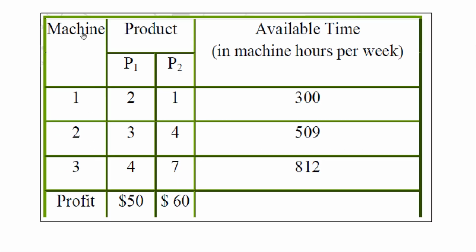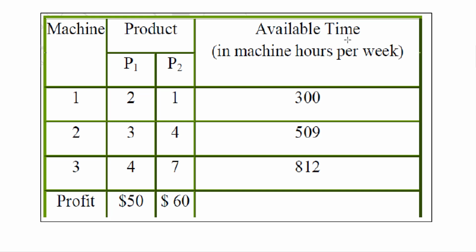So we have three machines, 1, 2 and 3, and two products, B1 and B2, and available time in machine hours per week. The profit for B1 is $50 and B2 is $60.